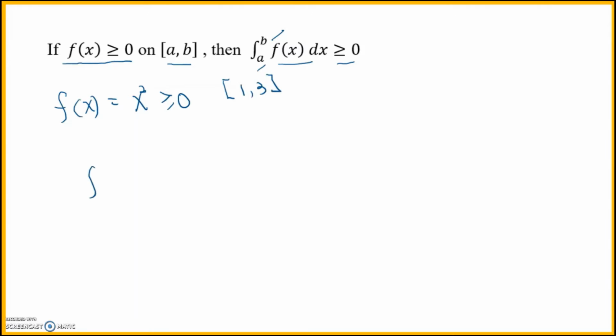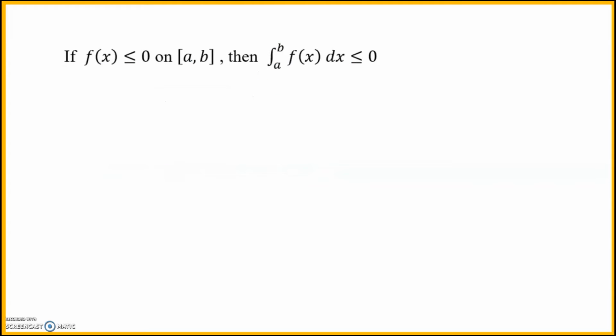So the integral of x squared from 1 to 3 is equal to 26 over 3, right, from our previous computation. So this is larger than 0.